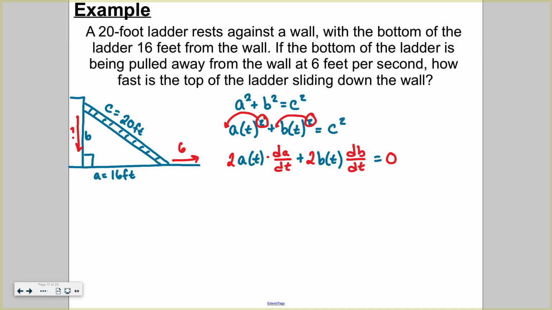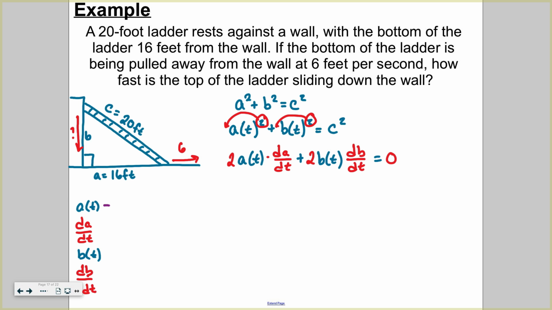Alright, so now we are left with 4 variables: A of t, dA over dt, B of t, and dB over dt. Let's think about what each one represents.